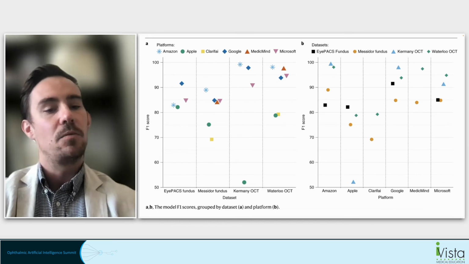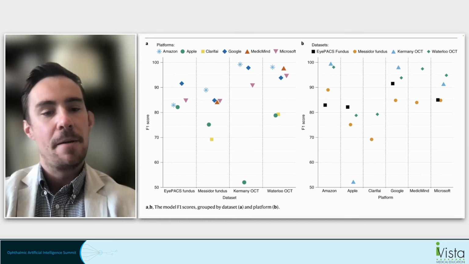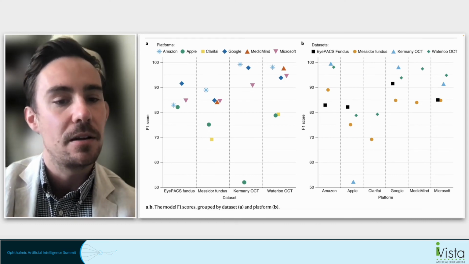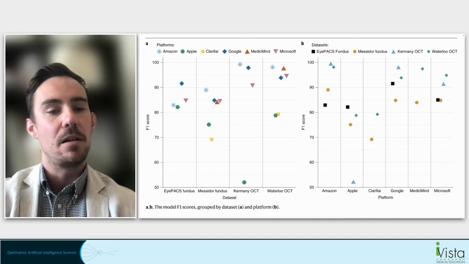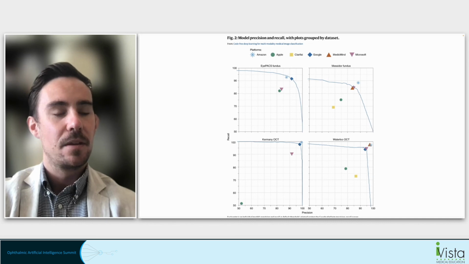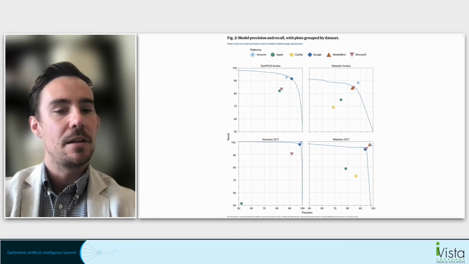And then on the right side panel, the same performance is broken down by platform. And here we see that Amazon, Google, and Microsoft are generally all performing very well. And each of these points is a model trained without coding. And here's some precision recall curves demonstrating the same. Most of these models performing really, really well, especially Google design models and Amazon.